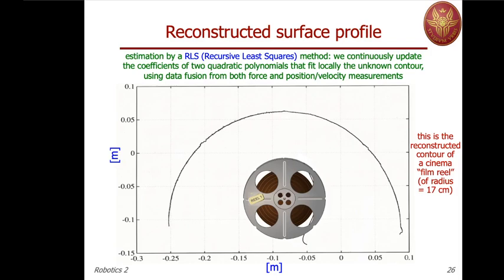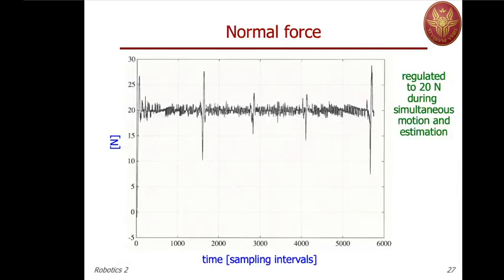So a radius of 17 centimeters and the shape, which is reminding quite closely the one of the film reel, and in fact also the small discontinuities at the center and 45 degrees before and after, which correspond to these tags on the film reel. In fact, in the experiment, while identifying this surface, we have also kept the normal force equal to 20 Newton.